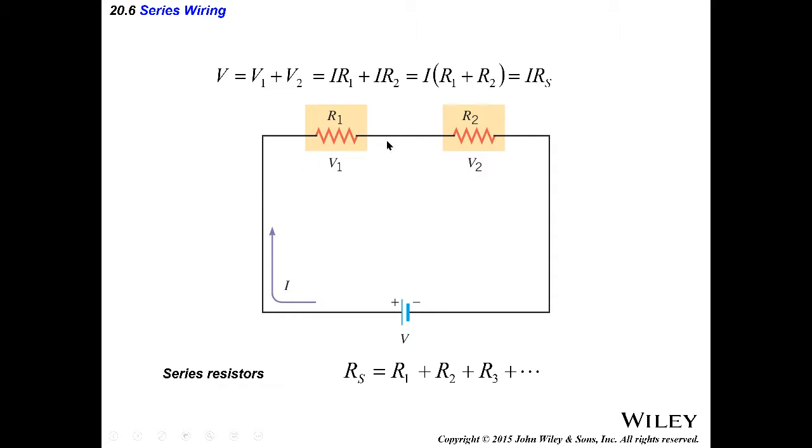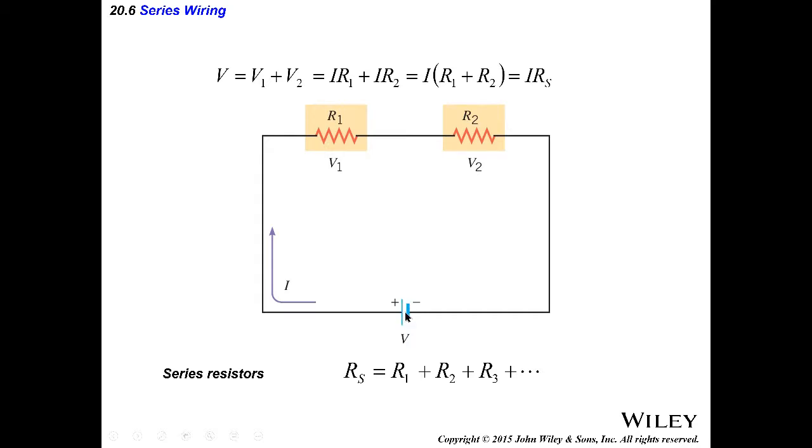Well, if you have two and a current is flowing, then the voltage across this one is I times R1, because the resistance of this one is R1, and the current that is actually flowing is I, so the voltage across here is I times R1. But then the same I is going into this resistor, so the voltage across here is I times R2. But now V1 plus V2 must be equal to the total voltage, because that's my source, my battery.